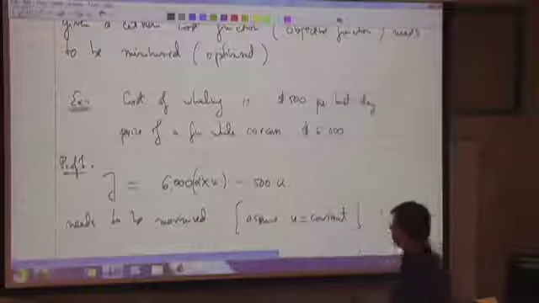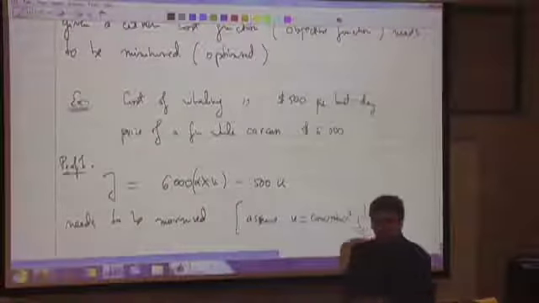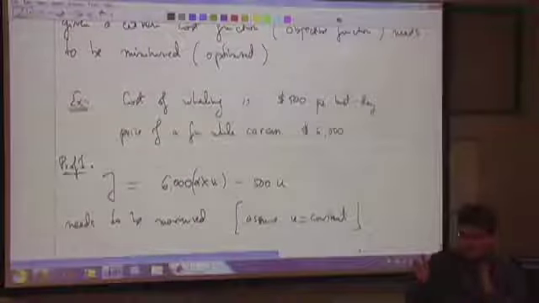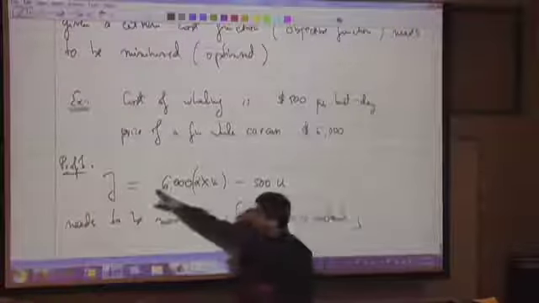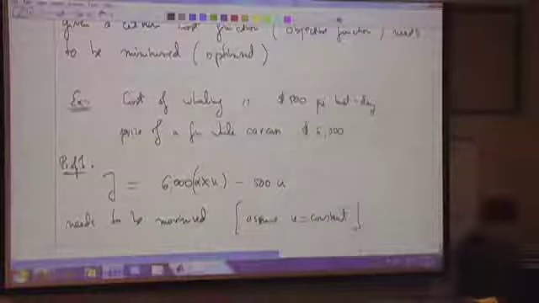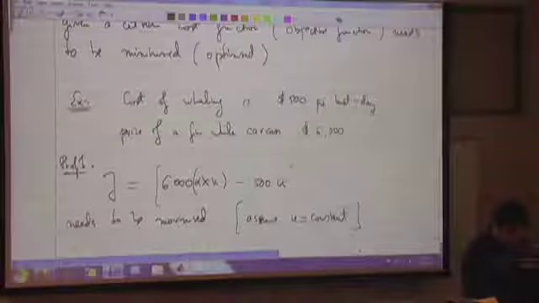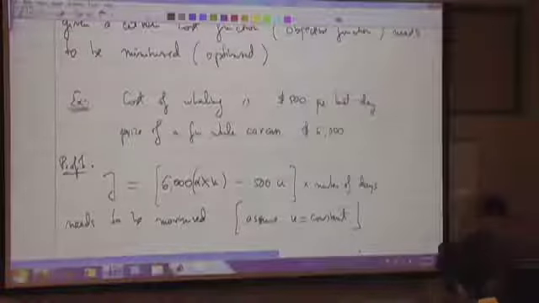You have a number of days in a year when your harvest is taking place, but that number is a constant, so it would just be multiplied by the number of days.